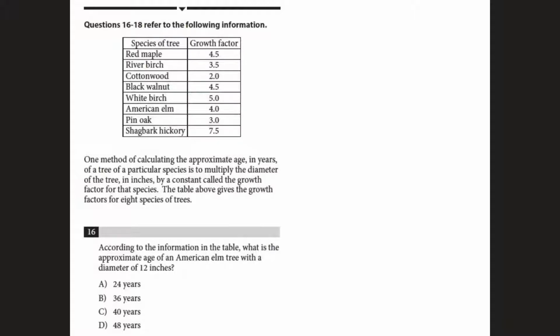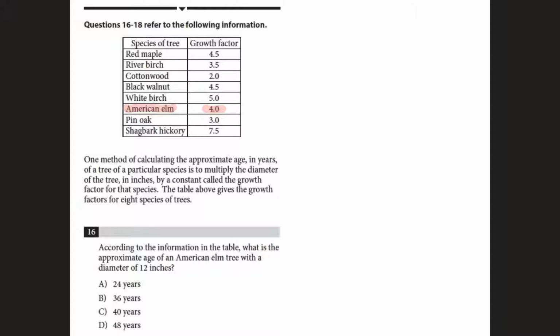16. According to the information in the table, what is the approximate age of an American elm tree with a diameter of 12 inches? Okay, so we want to find the growth factor of an American elm. So let's see, American elm has a growth factor of 4.0.